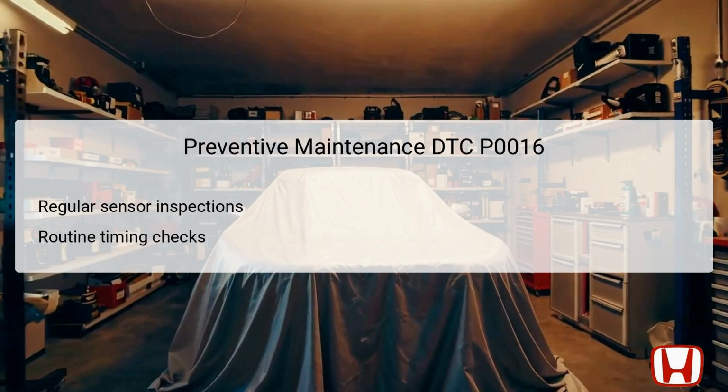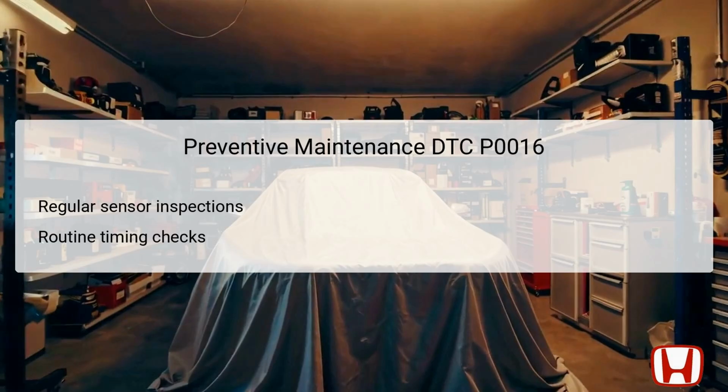Regular inspections of both the CMP and CKP sensors can help catch any potential issues before they escalate into larger problems. Additionally, routine checks of the camshaft timing and cam chain condition ensure that your engine remains in optimal working order.